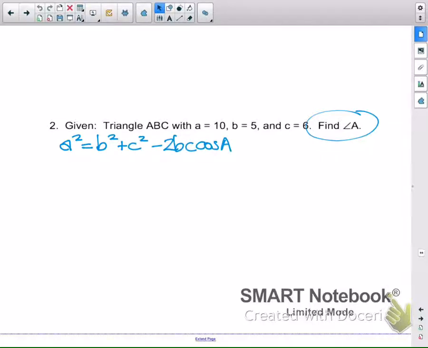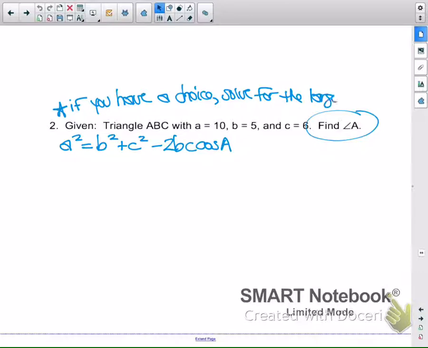Now make a note for yourself on this kind of problem. If you have a choice, solve for the largest angle first.